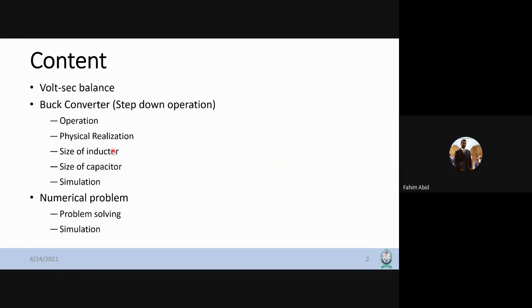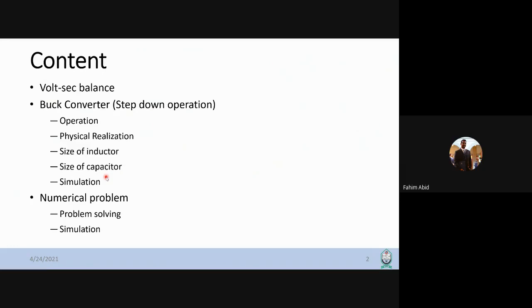We'll run some quick simulation in Simulink to see how different parameters influence the performance of the buck converter. And then we'll solve a numerical problem related to the buck converter.